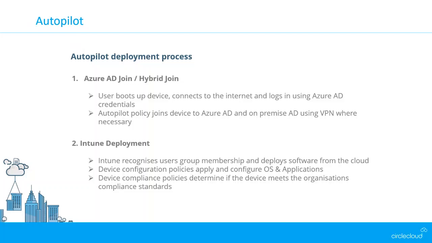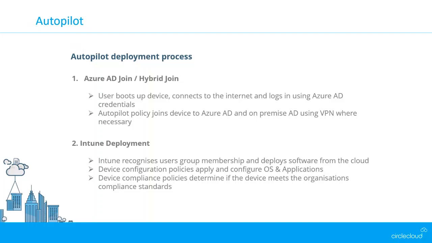So the process that a device will go through when it's using Autopilot is a user would boot up the device, connect it to the internet using the Wi-Fi or whatever it is they've got at home or in the office, regardless. And they'll be prompted to log in using their Azure AD credentials. And obviously the user would probably know them as the 365 credentials.